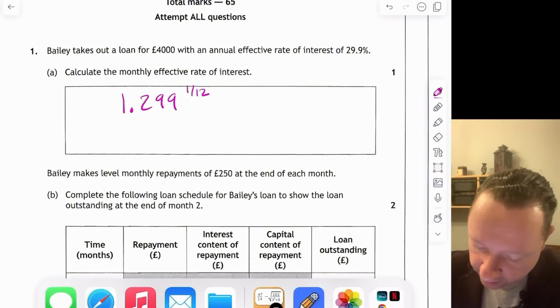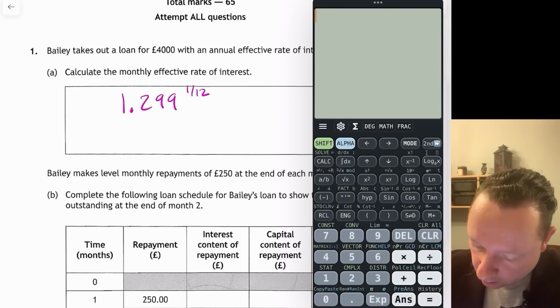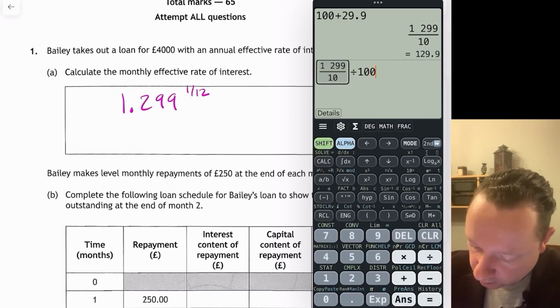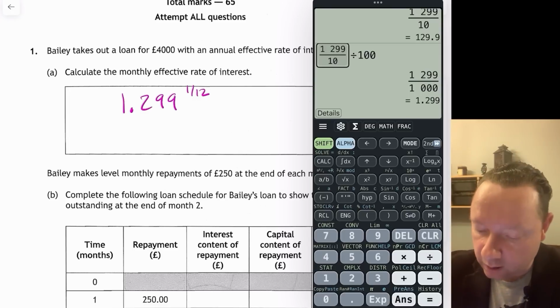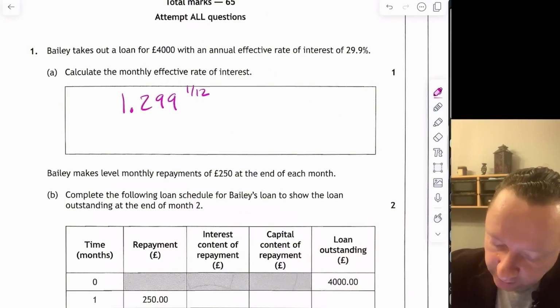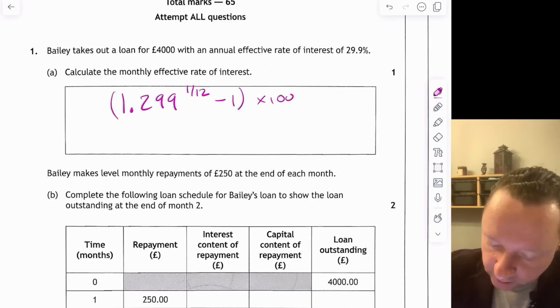Now, if you can't get there yourself, there's a calculator. 100 plus 29.9 divided by 100 gives you 1.299. And it's a power over 12, not divided by 12. And then you take away 1, because I want to get rid of that 1, and I want to times by 100 to get back to a percent.